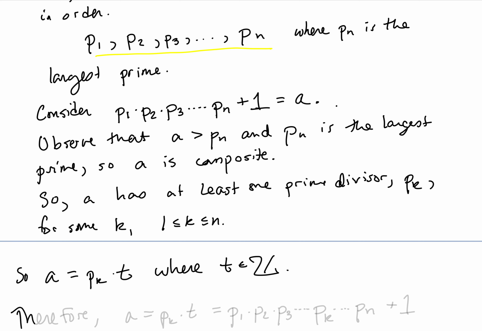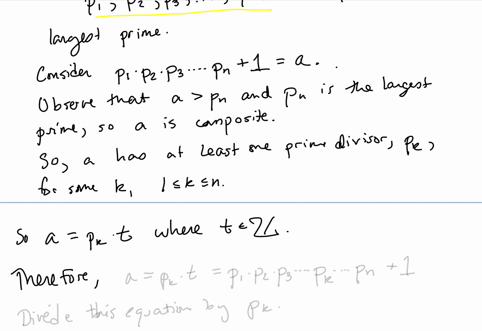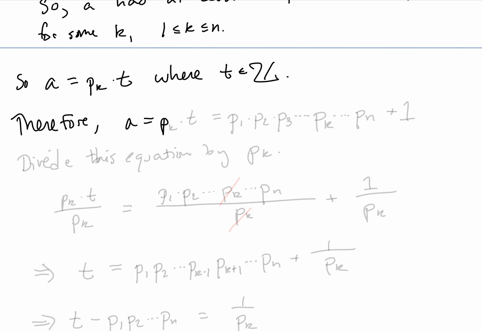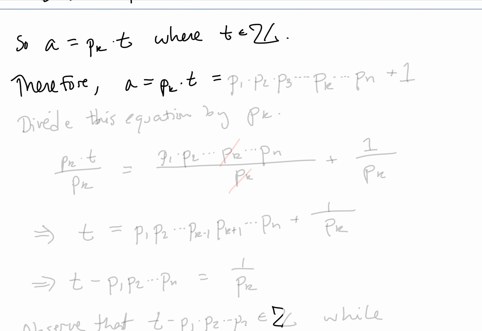and therefore it's the case that a is equal to pk times t, and a by definition was p1 times p2 times p3 times ... times pk, which is in there somewhere, times ... pn plus 1.